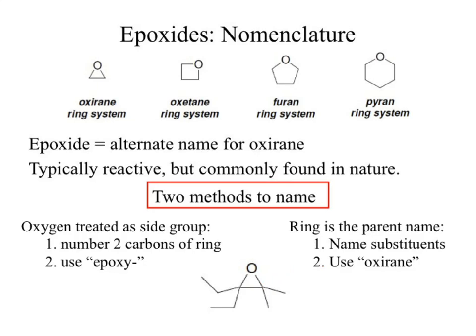Okay, so if we look at the oxygen as a side group, we'd go through and find our longest carbon chain, which, if we're looking at this one, we've got, what is it? 1, 2, 3, 4, 5. Oh, we would have to go across the other side. Why? As opposed to counting back in this direction.